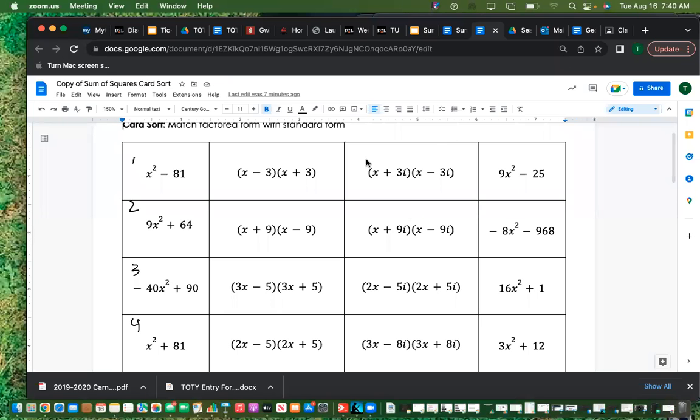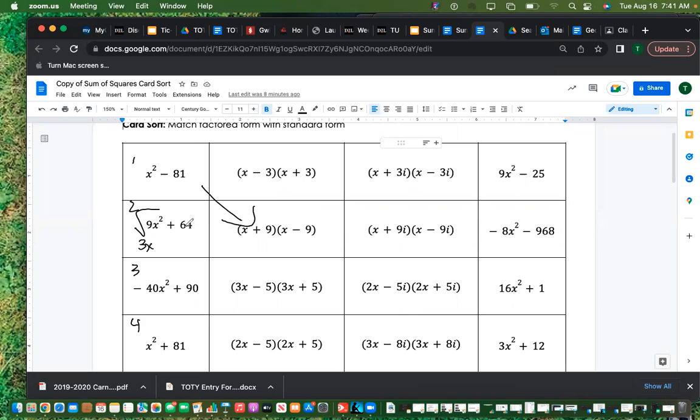Let's check in on 1 and 2. On number 1, when we factor this, we're going to get x minus 3 and x plus 3. Nope, just kidding. It's not that one. It's x plus 9, x minus 9. On number 2, when you take the square root of this, what's the square root of 9? 3.